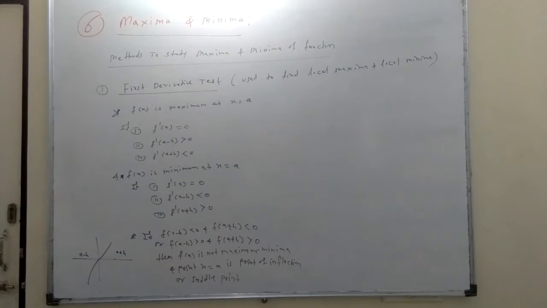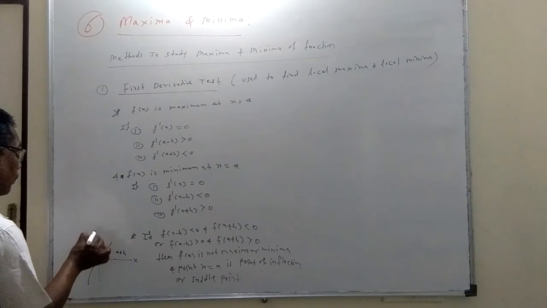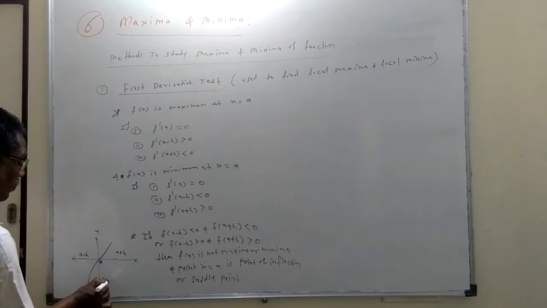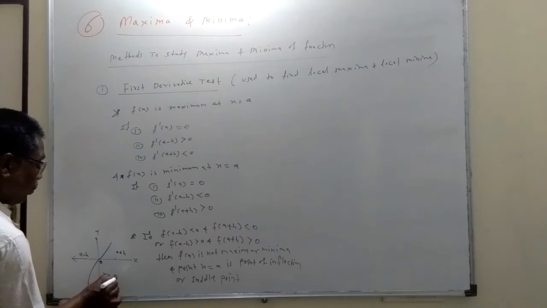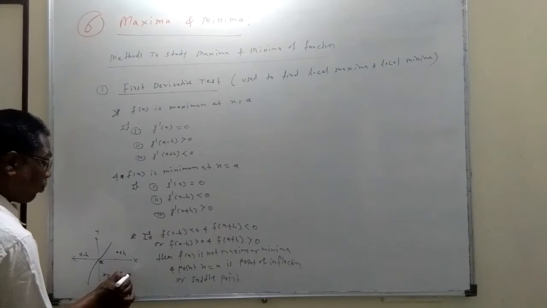So here this point O is the saddle point. Saddle or point of inflection: x is equal to 0 is the saddle point, or a point we will consider. x is equal to a is the point of inflection.